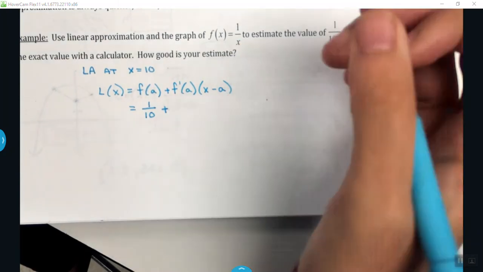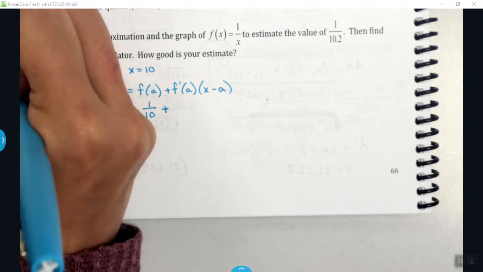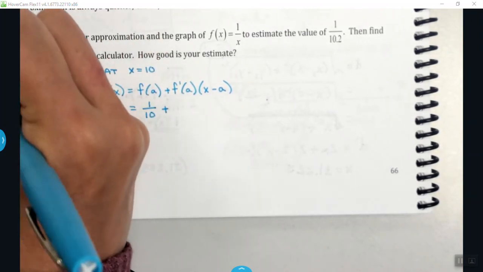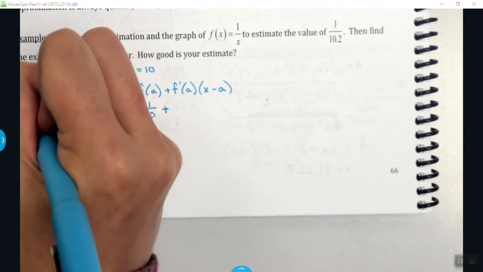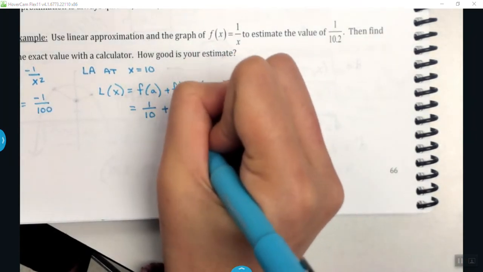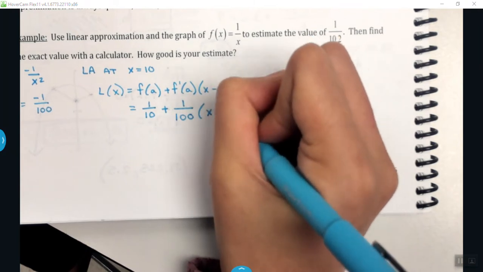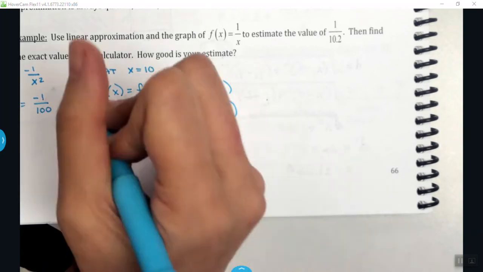So what's the derivative of 1 over x? Yeah, negative 1 over x squared. So f prime of 10 is negative 1 over 100. Okay, so negative 1 over 100 times x minus, and then a was 10. All right, so there's my linear approximation. That's done.